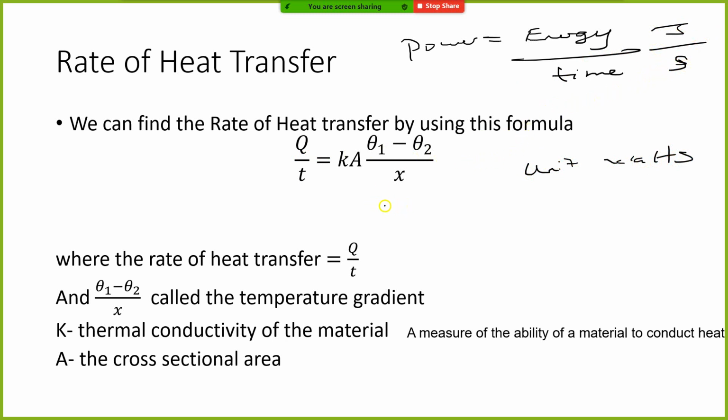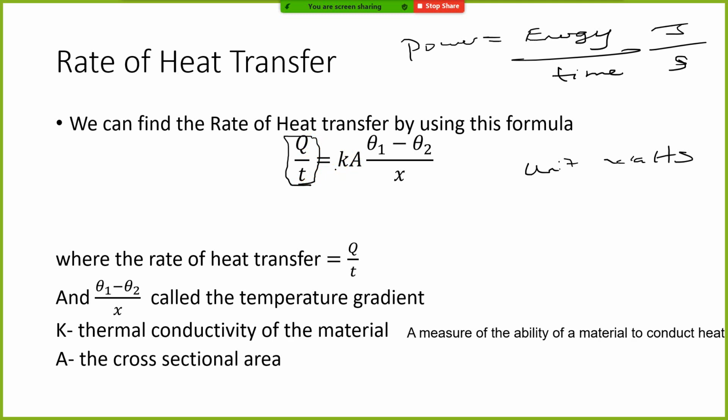Now let's look at this, because what we have to understand is that our rate of heat transfer is going to be directly proportional to the area of the material.